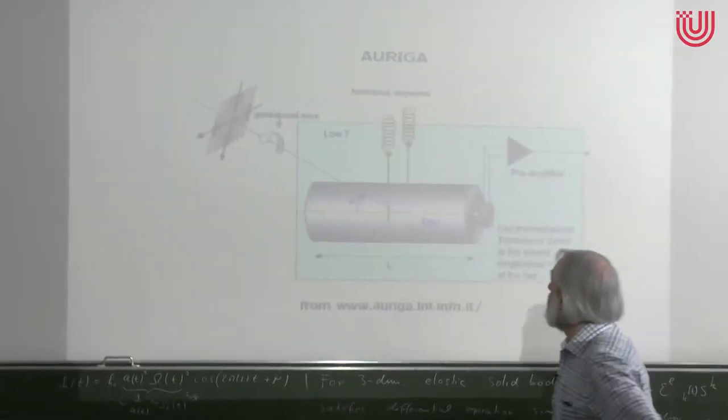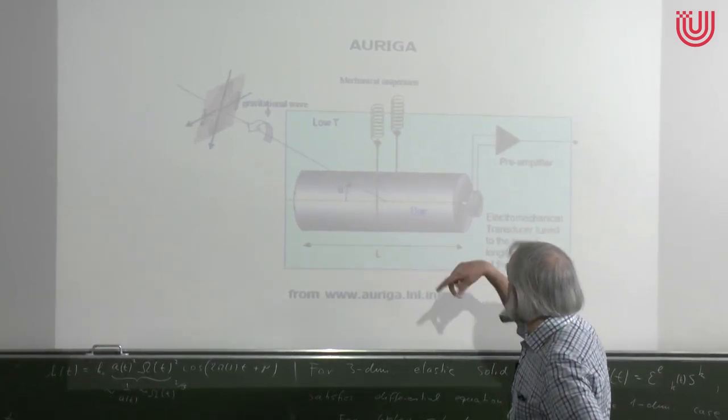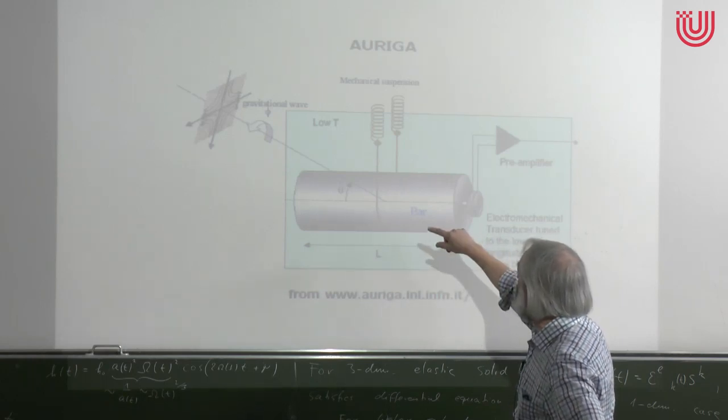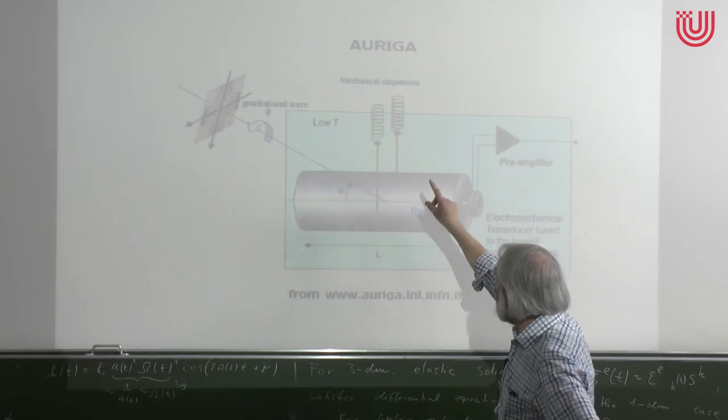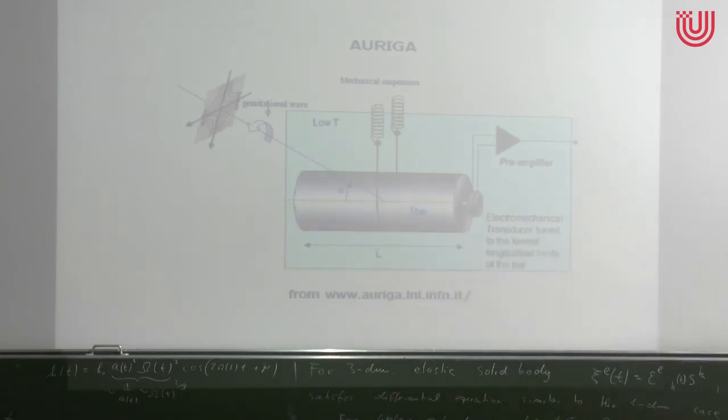Here is a diagram of how the construction works. Inside this tank, which is cooled down to cryogenic temperatures, the bar is suspended in a way that it is isolated as far as possible from seismic noise.